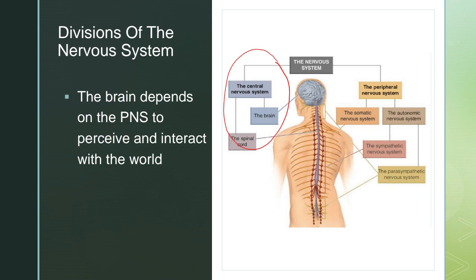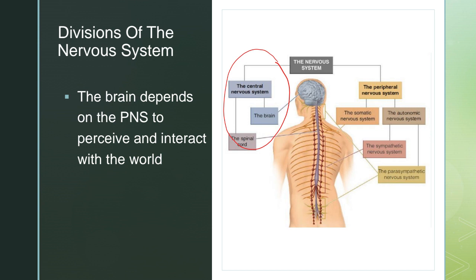But we can divide the entire nervous system into two components. We've got the central nervous system that's very important for this course. We've also got the peripheral nervous system. So the central nervous system is comprised of the brain and the spinal cord. And like I said, this is what we're going to mostly care about in this class.